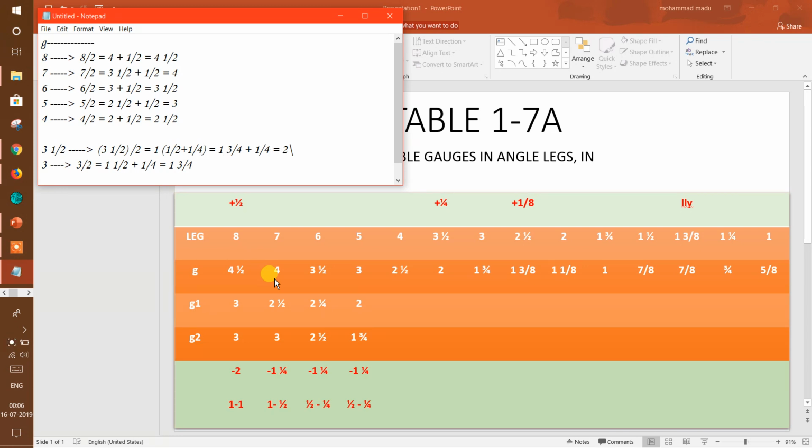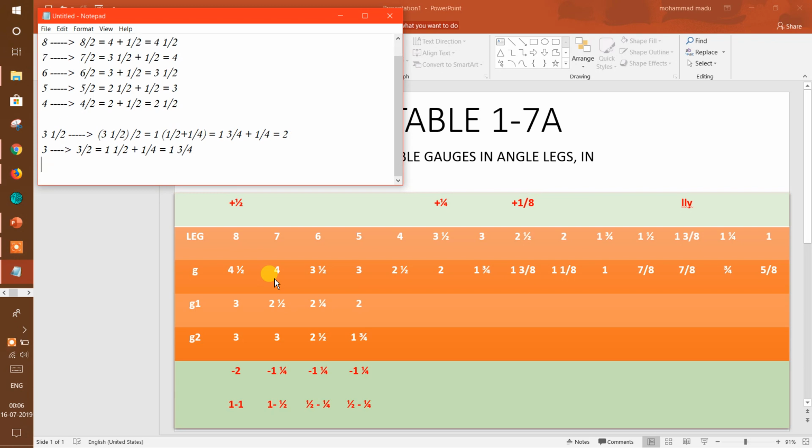Okay, this is this one. And when coming to 2 1 by 2, we should add exactly plus 1 by 8, from 2 onwards. Yeah, from 3 onwards should add 1 plus 1 by 4.